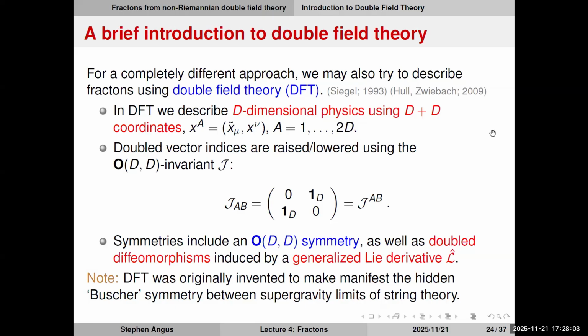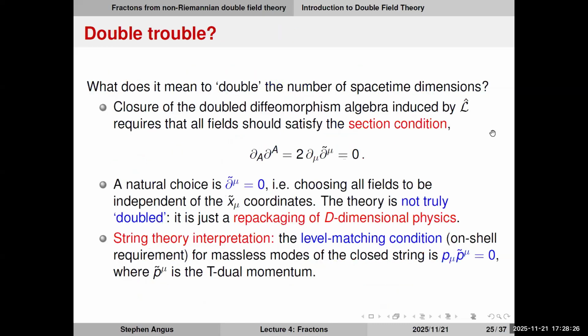The point of double field theory, at least its original motivation, was to make manifest the hidden so-called Buscher symmetry, discovered by Buscher, that maps different space-time backgrounds in the supergravity limit of string theory. And just briefly, when we double the number of spacetime dimensions, if we want this to be consistent, our double diffeomorphism algebra has to be closed.